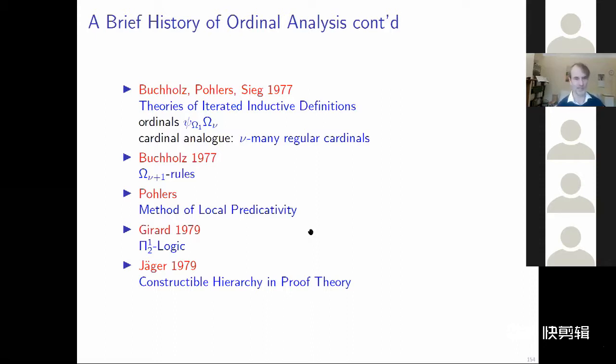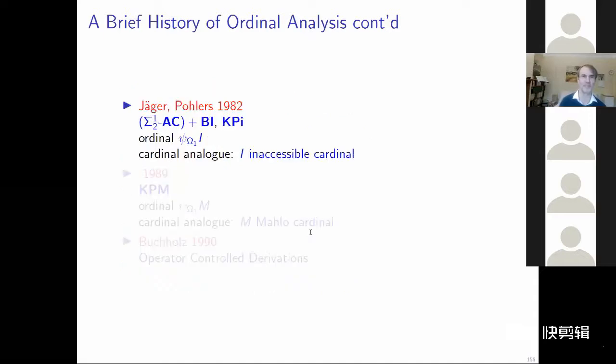I already told you about Gerhard Jäger's approach to proof theory using the constructible hierarchy, or a formal analog of that. And then there was work on a system which is much stronger than Takeuti's system, which is basically Delta-1-2 comprehension plus bar induction, which is the same as if you take the Sigma-1-2 axiom of choice plus bar induction in second-order arithmetic.